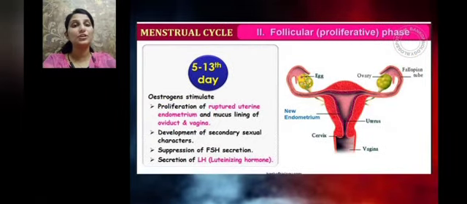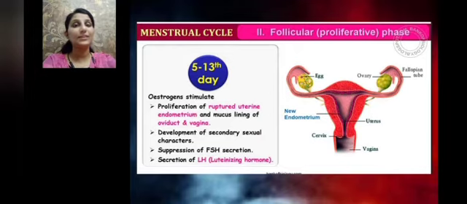What is the function of the estrogen which is released by the Graafian follicle under the influence of FSH? It helps in the proliferation, hence the name proliferative phase. Proliferation of the ruptured uterine endometrium, which was broken down during the menstrual phase, and it also helps to regenerate the mucus lining of the oviduct and the vagina.